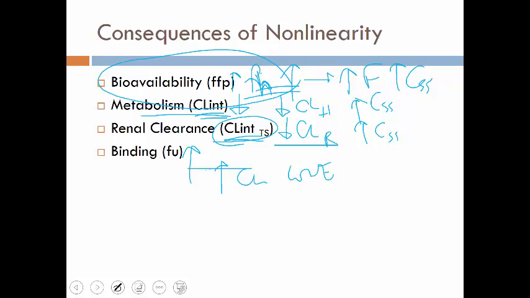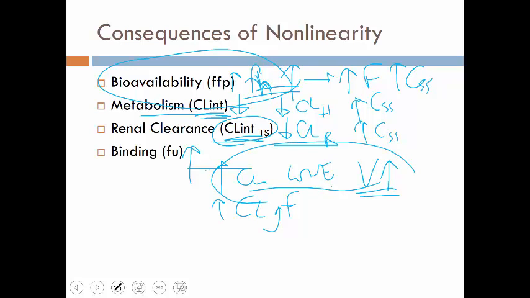You would also see an increase in glomerular filtration clearance in the kidney, wouldn't you? You're also going to see an increase in volume of distribution. For a low extraction drug, you're going to end up seeing no change in half-life, because both of these are increasing.